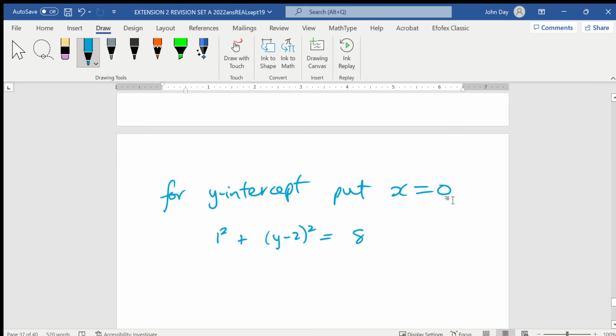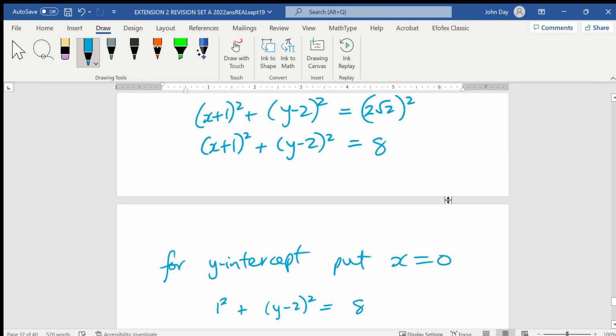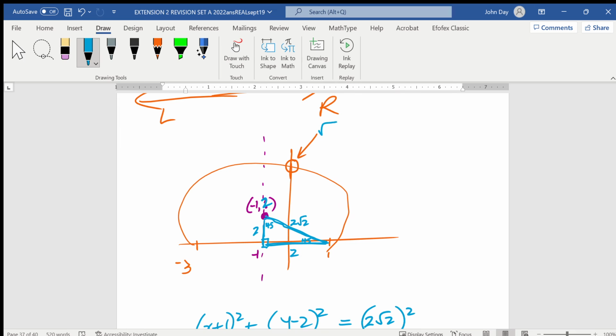So I'm going to get y minus 2 squared equals 7. So y equals square root of 7 and then plus 2. So whatever the square root of 7 plus 2 is, that's going to be that place there.